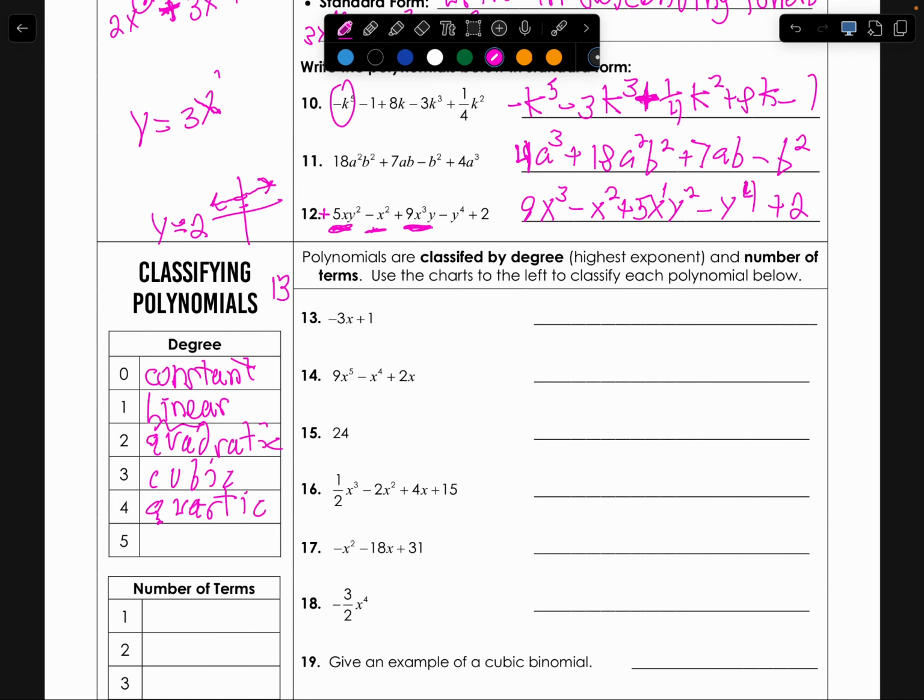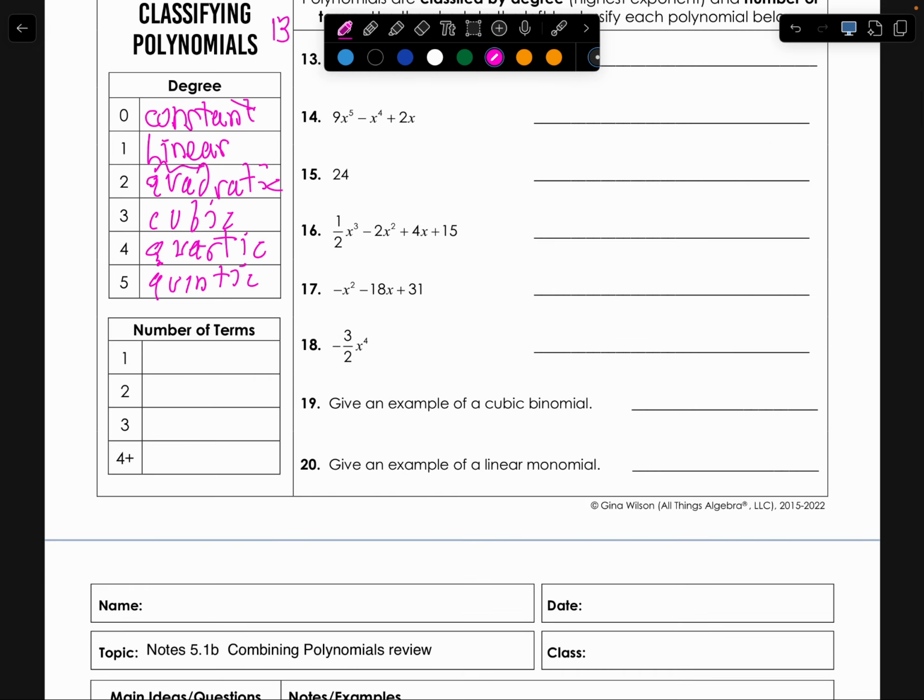Quartic and quintic. Those are the names. Okay, the number of terms. One term is a monomial. Two terms is a binomial. Three terms is a trinomial.